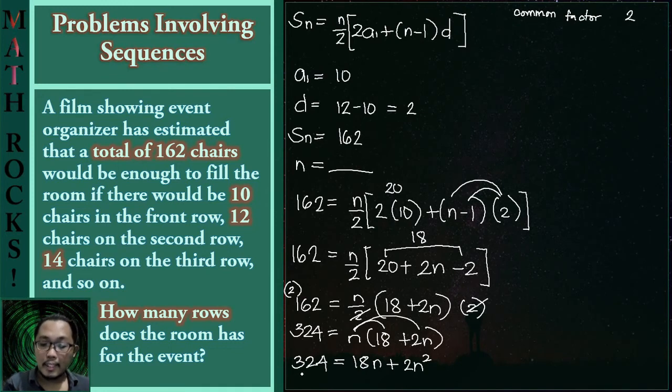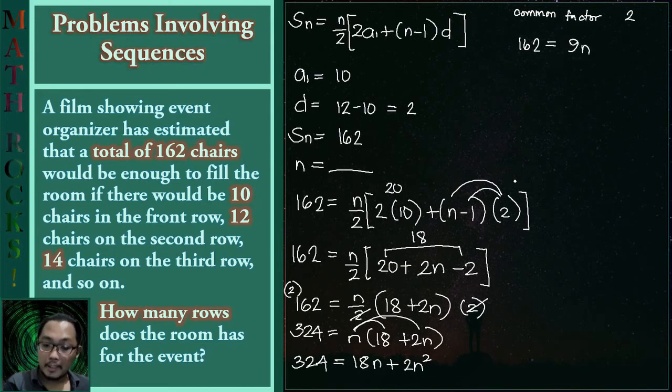So let us divide 324 by 2, and that gives us 162. And dividing 18 by 2, it gives us 9. And we simply have to copy the n. While dividing 2n squared by 2, it gives us only the n squared.